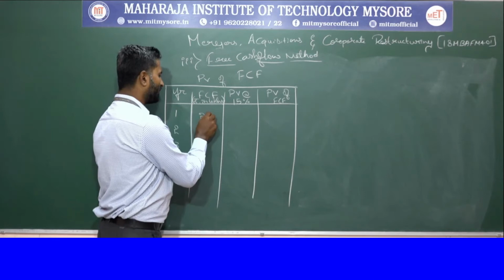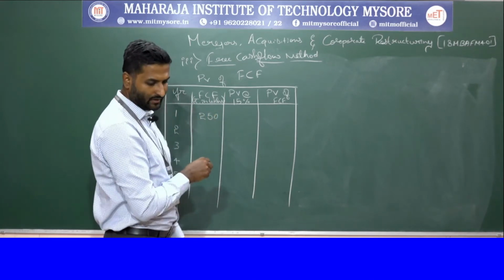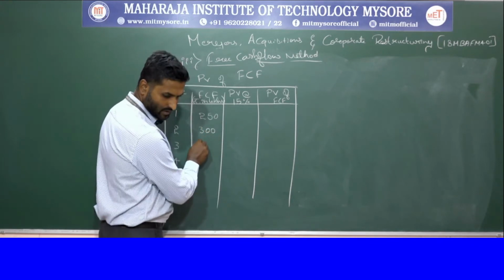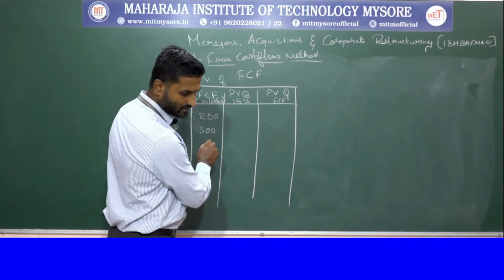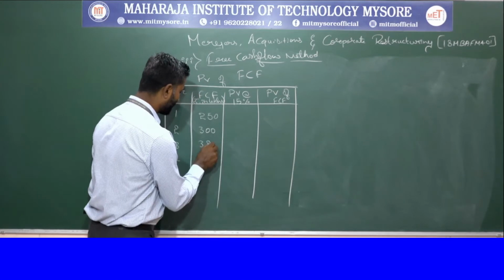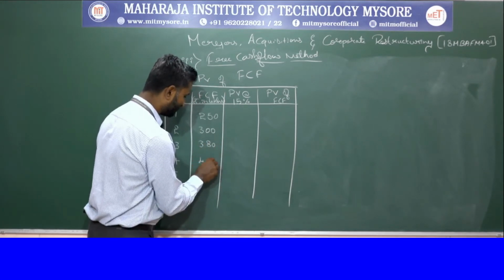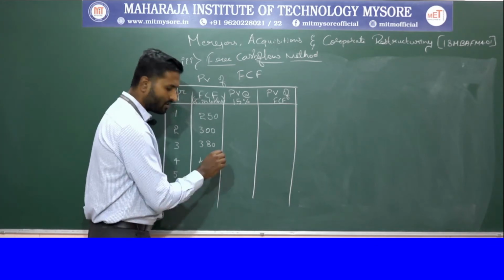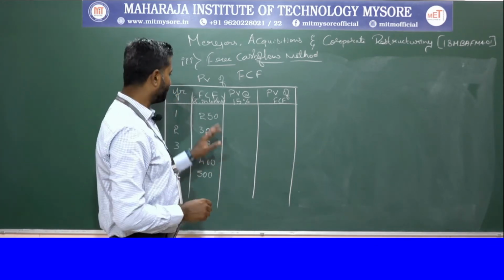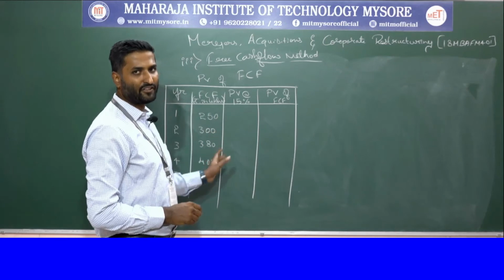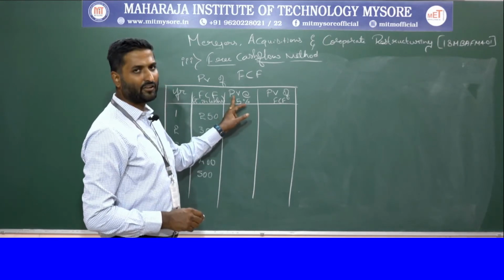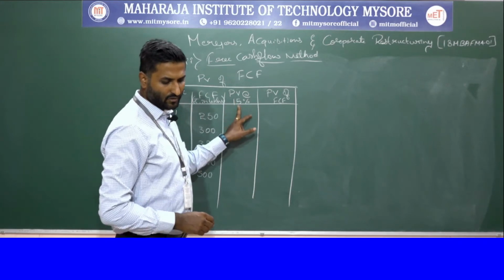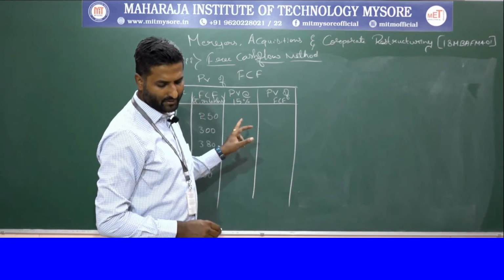So that is 250, 300, then 380, 400 and 500. So these are all the free cash flows they have given in the first adjustment, and we calculate the PV factor at the rate of 15%, which they have also given.